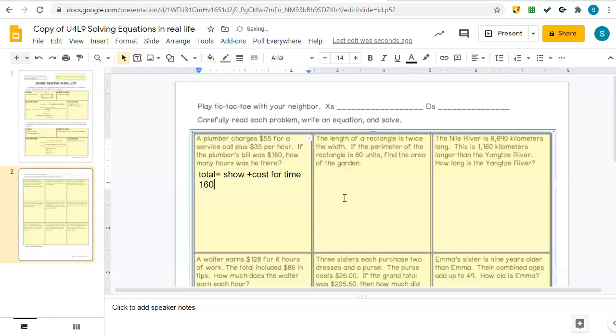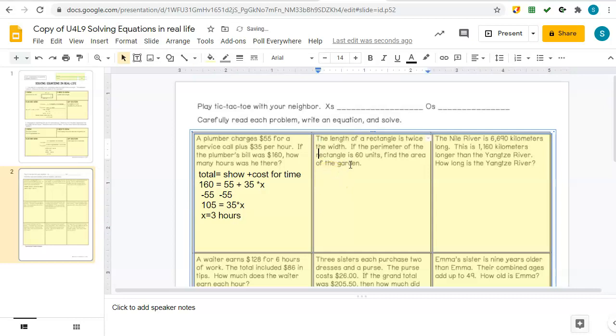So we have 160, and that equals our show up fee plus $35 times the number of hours, where x is the number of hours. Let's go ahead and solve that one. Let's subtract 55 from both sides. And we get 105 equals 35 times x. Well, x then equals 3 hours.